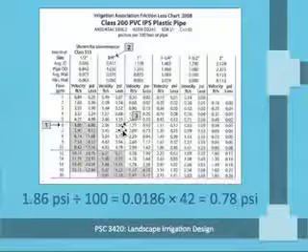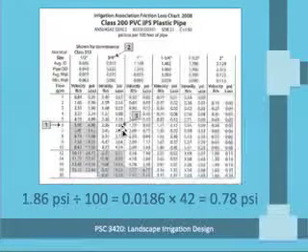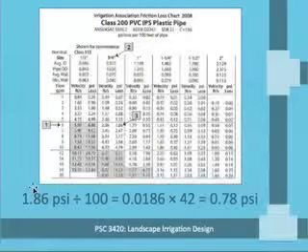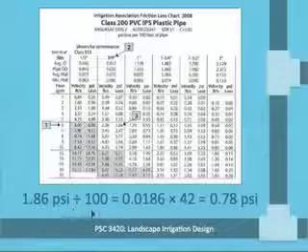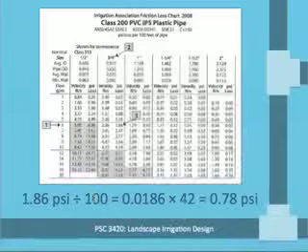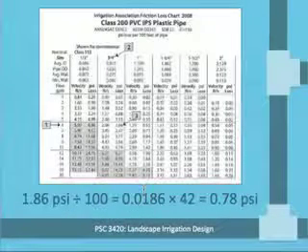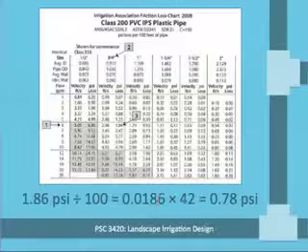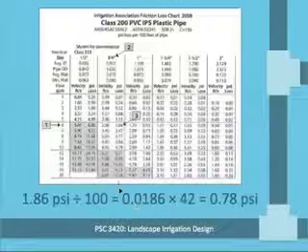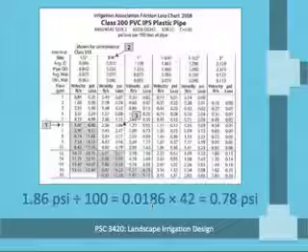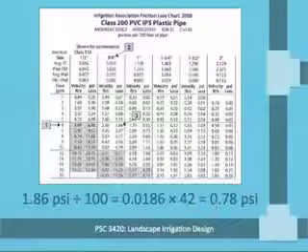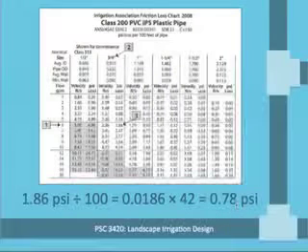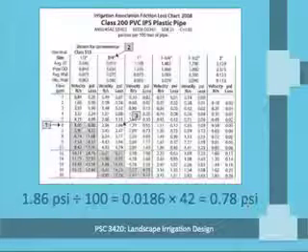Okay, but we're working with 42 feet of pipe in this example, so we'd go the additional step of taking that 1.86 psi loss and dividing that by 100 to get our psi loss per 1 foot length of pipe, which in this case equals 0.0186, and then multiply that by 42 because we've got 42 feet of pipe, right? So then we end up with a loss of 0.78 psi.